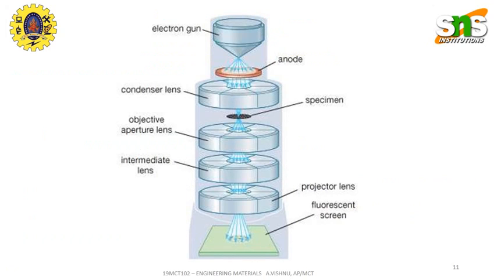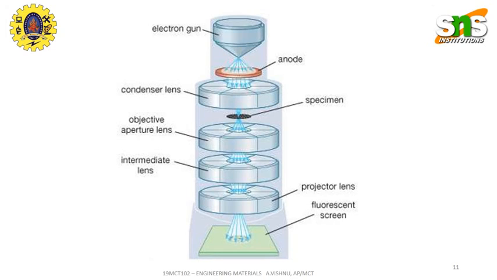The schematic diagram of a TEM machine is shown here. As with the SEM, the TEM also consists of an electron gun which emits the electron beam through an anode. Here the condenser lens condenses the electron beam, and it passes over the specimen, which is placed between the condenser lens and objective aperture lens.